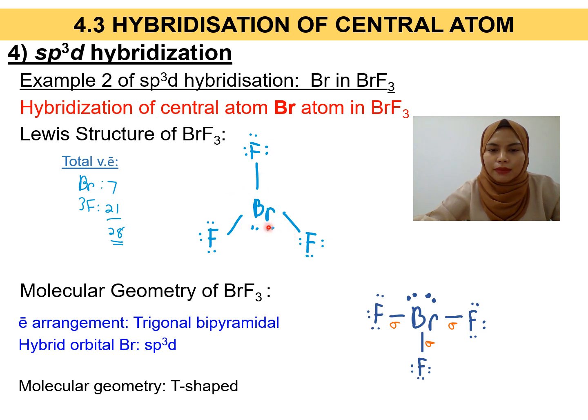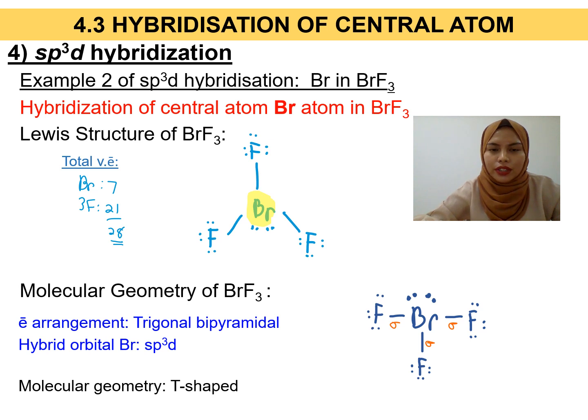So bila you nak octetkan Br ni, you kena add another 2 lone pair. Okay, so sekarang ni if you count back everything, you kena dapat 28 total electron juga, ya. So sekarang Miss dah buat kiraan tu memang dapat 28. Okay, after that highlightkan your central atom. So the central atom here ialah Br.